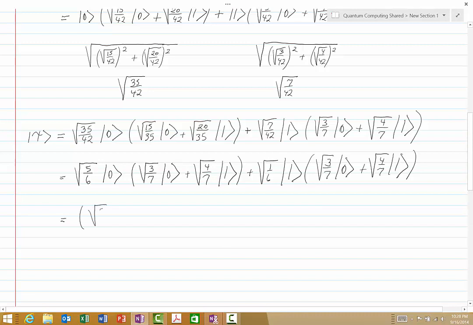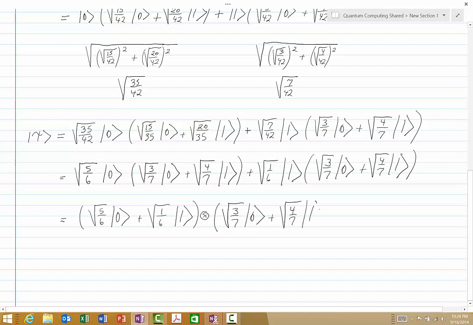We have square root of 5/6 |0⟩ plus square root of 1/6 |1⟩. And then if you wish to put in the x just to emphasize, square root of 3/7 |0⟩ plus square root of 4/7 |1⟩.